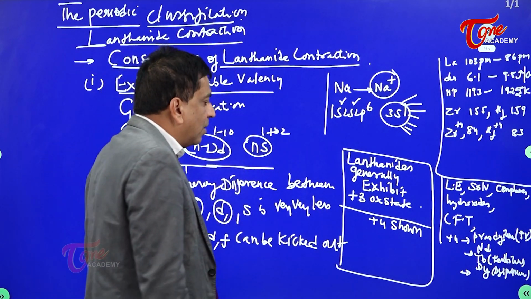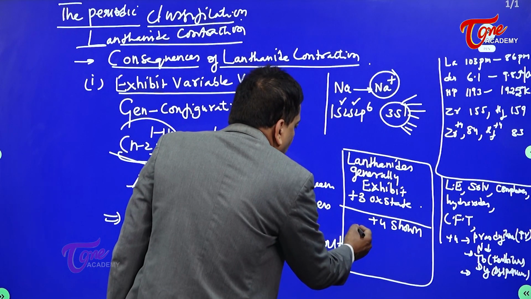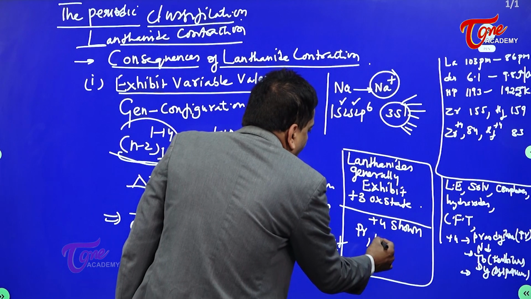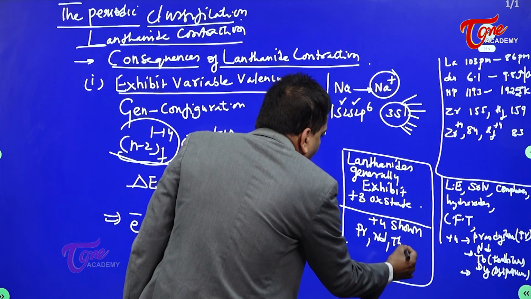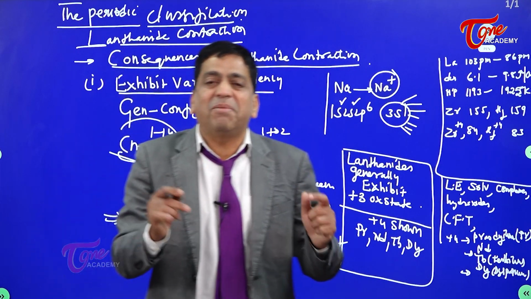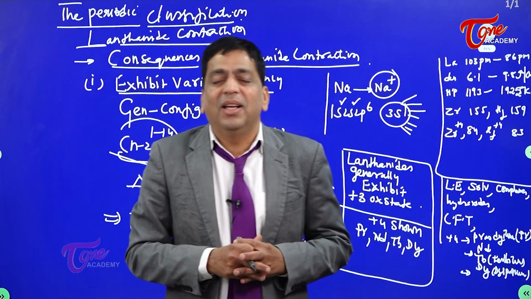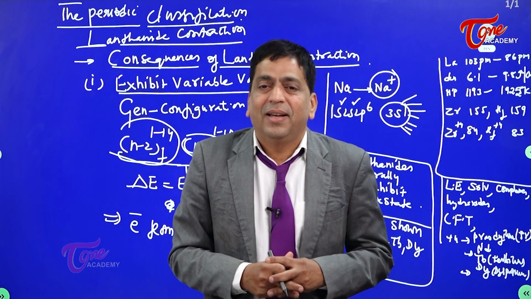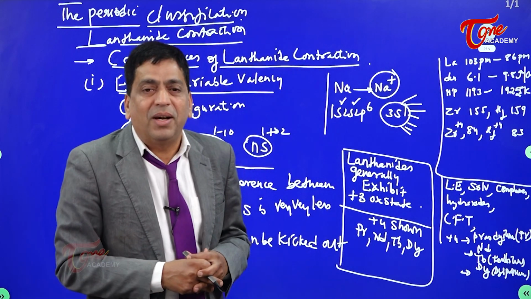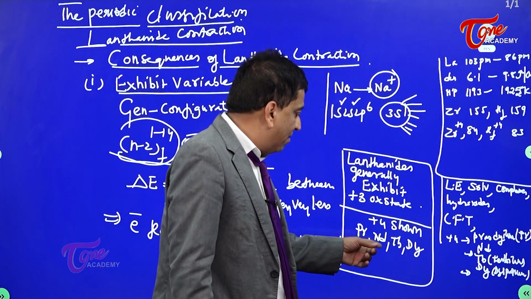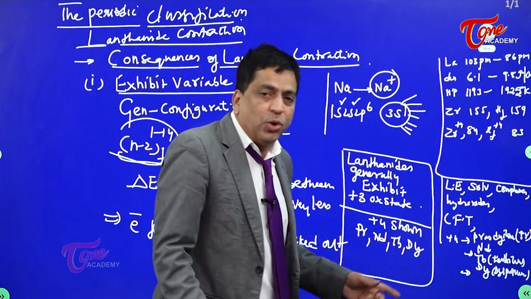And I can write some elements. A +4 is given by the elements Pr, Nd, Tb and Dy. So he will be very specific. This sounds actually trivial, but remember, we have great applications of praseodymium and neodymium and terbium and dysprosium.